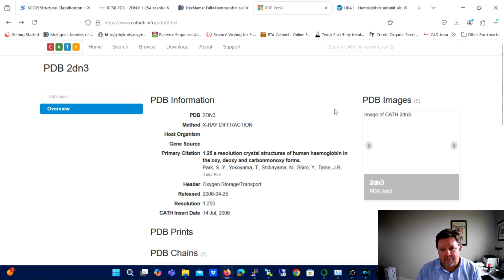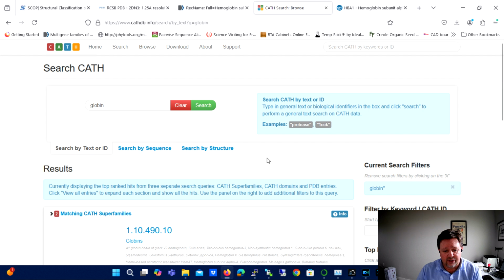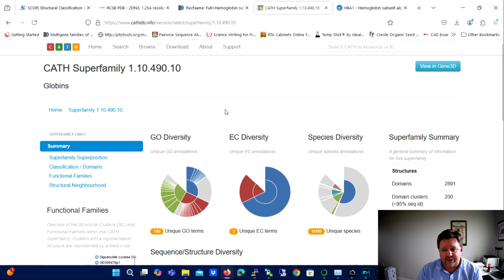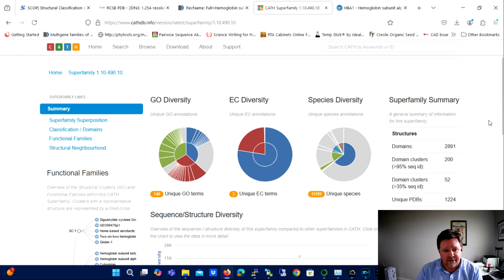However, if you look at the globins, it's a globin-like superfamily in CATH. There's many more members. So it's much more efficient to algorithmically classify different domains than it is to do it manually. So if you look at the globin superfamily in CATH, we find that there's actually 2,891 members of that superfamily.